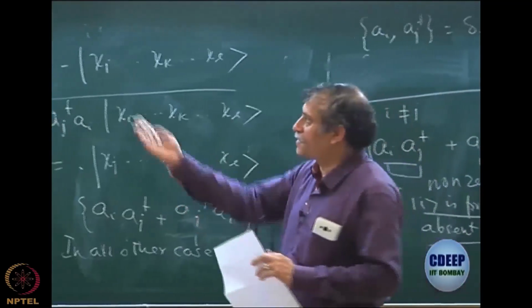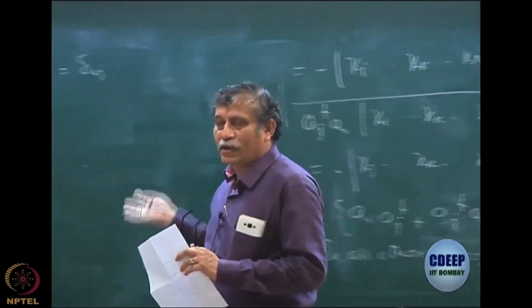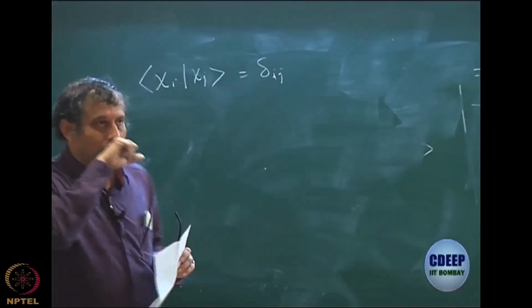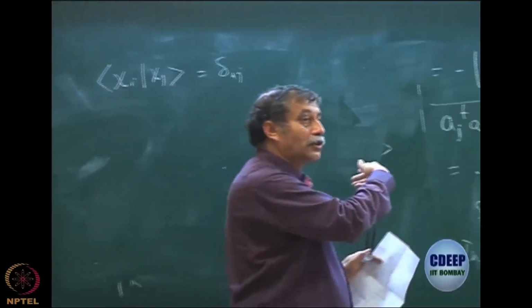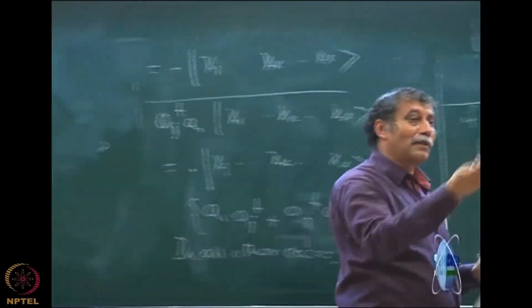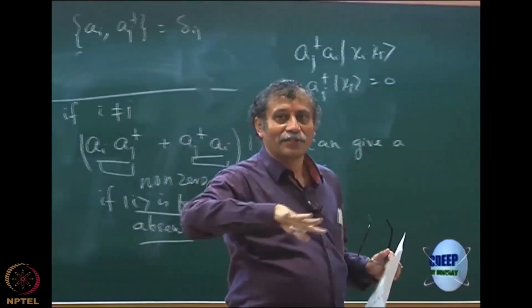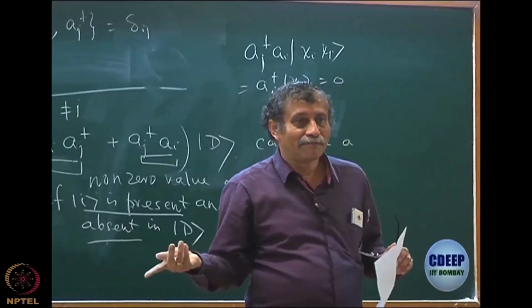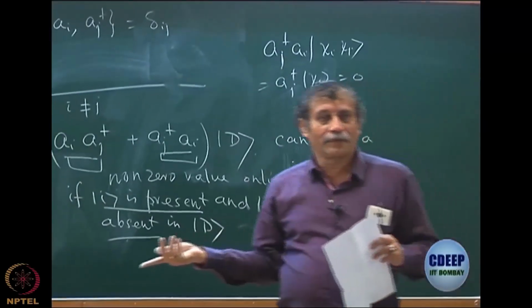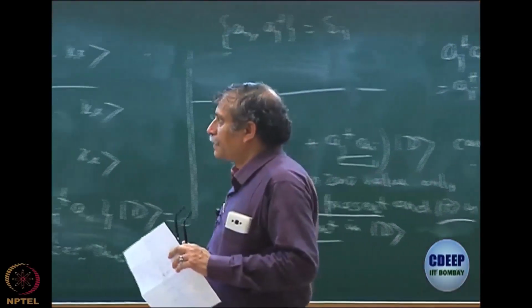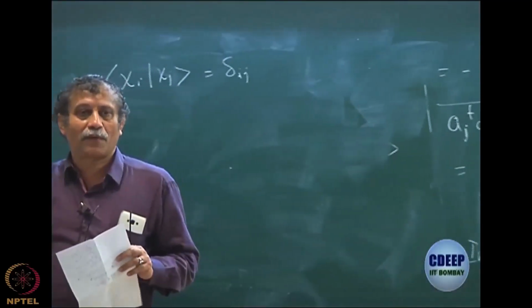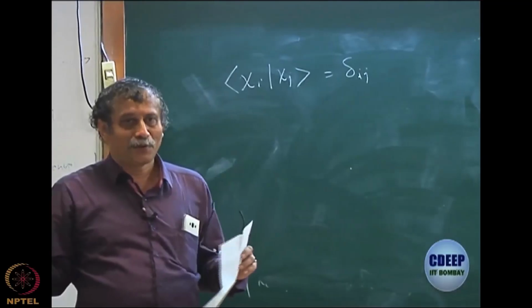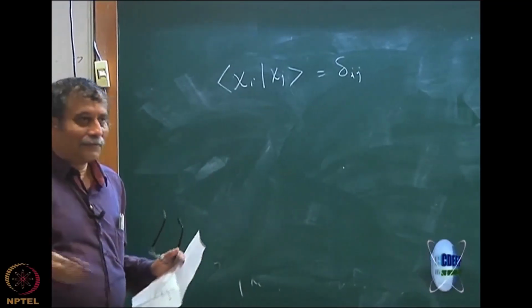Using the second quantization anti-commutation relations, show this, because obviously the anti-commutation relations are based on orthonormality. Now you should be able to prove orthonormality from the anti-commutation. So I am just reversing the problem. Remember, it is a Kronecker delta: if i equals j, it is 1, and if i is not equal to j, it is 0.